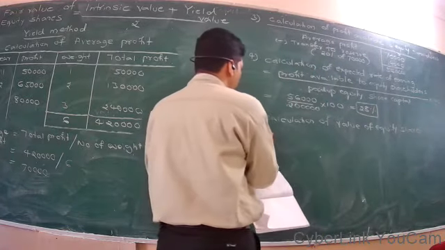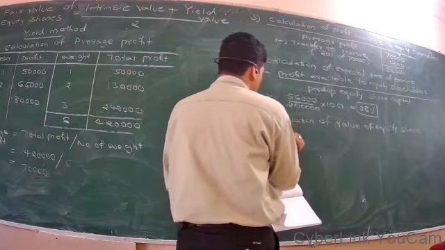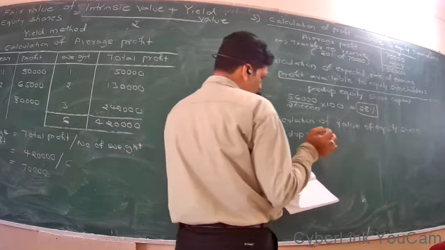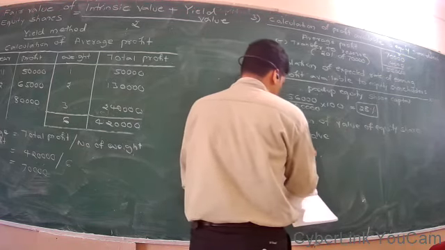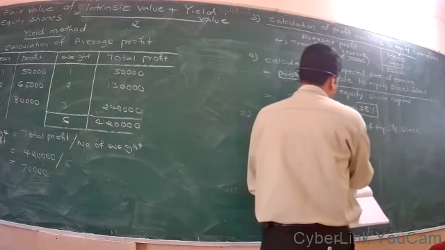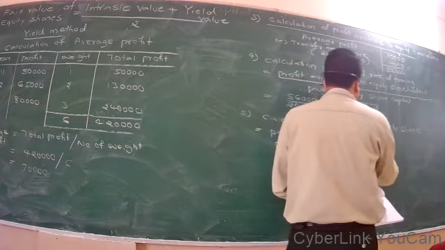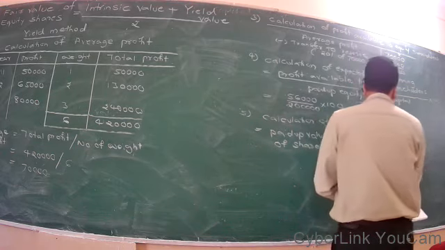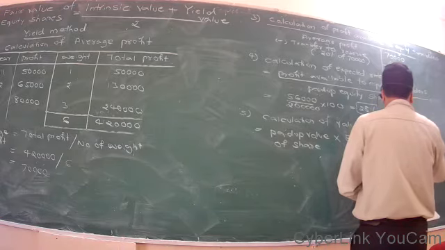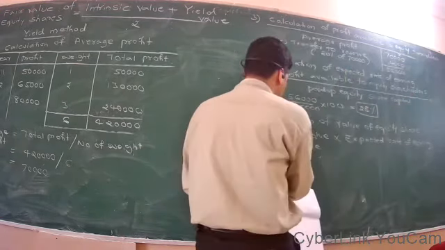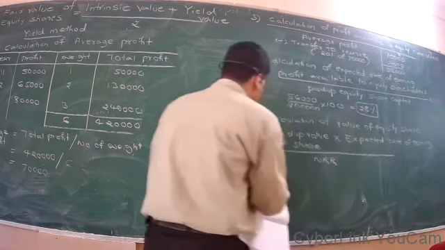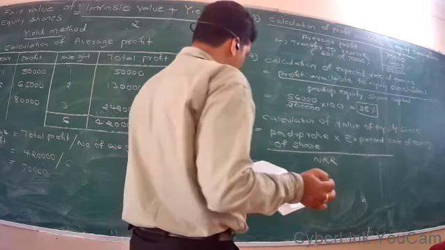That is equal to paid up value of share into expected rate of earning or dividend, divided by the normal rate of return.